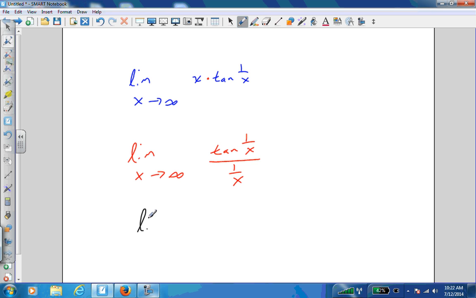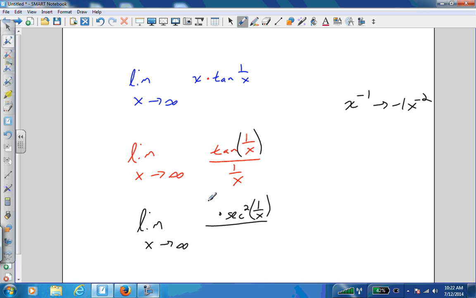So if we want to take this limit, let's take the derivative of the numerator and the derivative of the denominator separately. Then take the limit. The derivative of tangent is secant squared. This is chain rule, so we also have to do times the derivative of the inside. 1 over x is x to the negative 1, whose derivative is negative 1 over x squared.